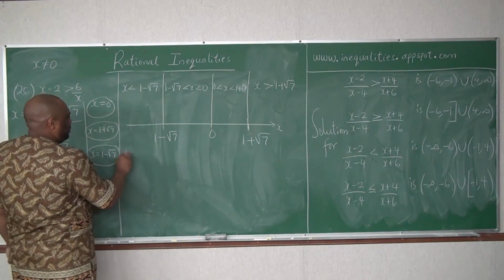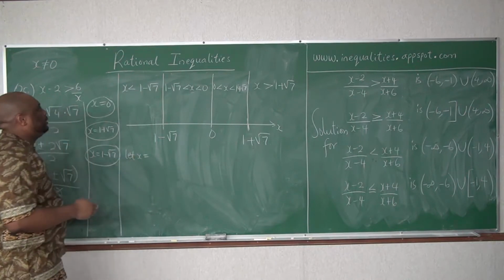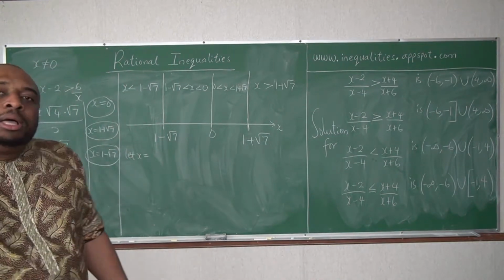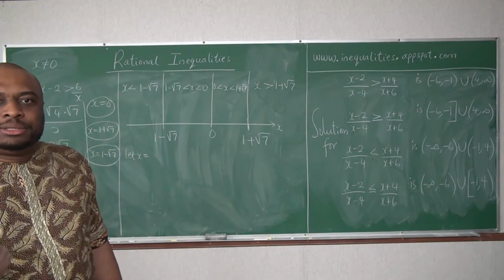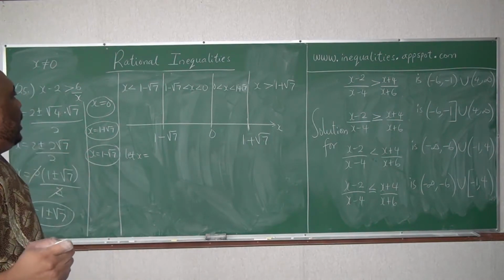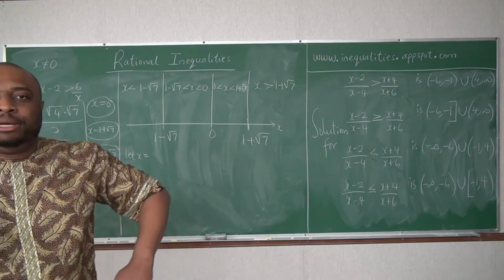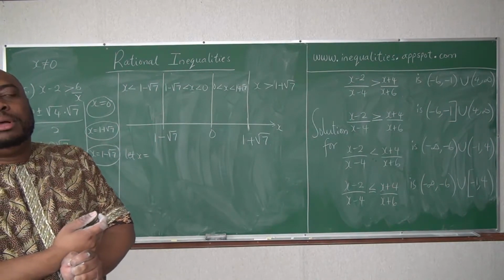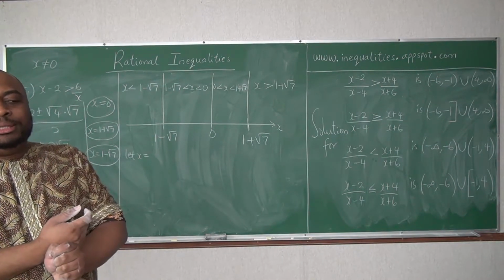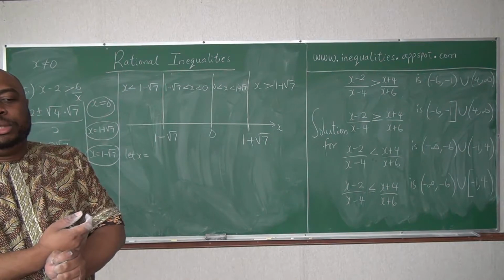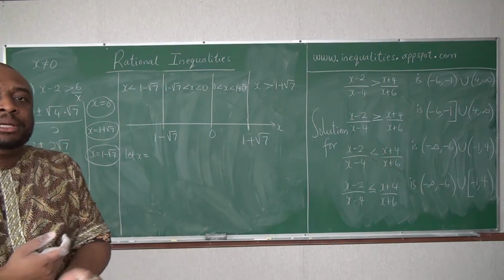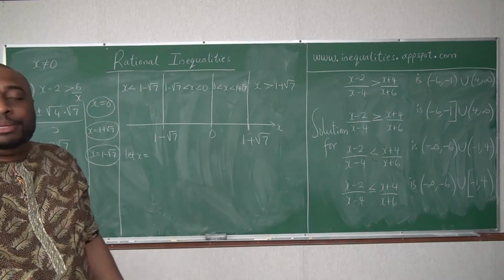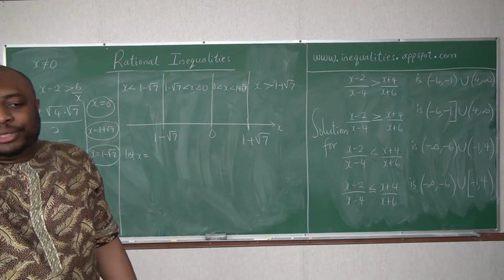So the first one, let x be what? We know that 1 minus 2 point something is minus 1 point something. Maybe if you use your calculator, 1 minus root 7 should be 1 minus 2 point something, which is minus 1 point something. Some people will say let us use x to be minus 2, but no, let's go far.